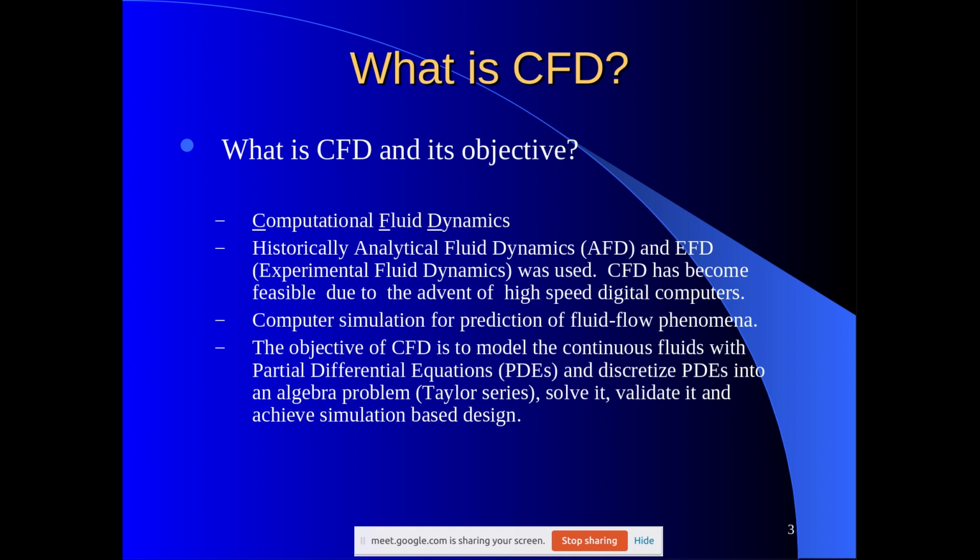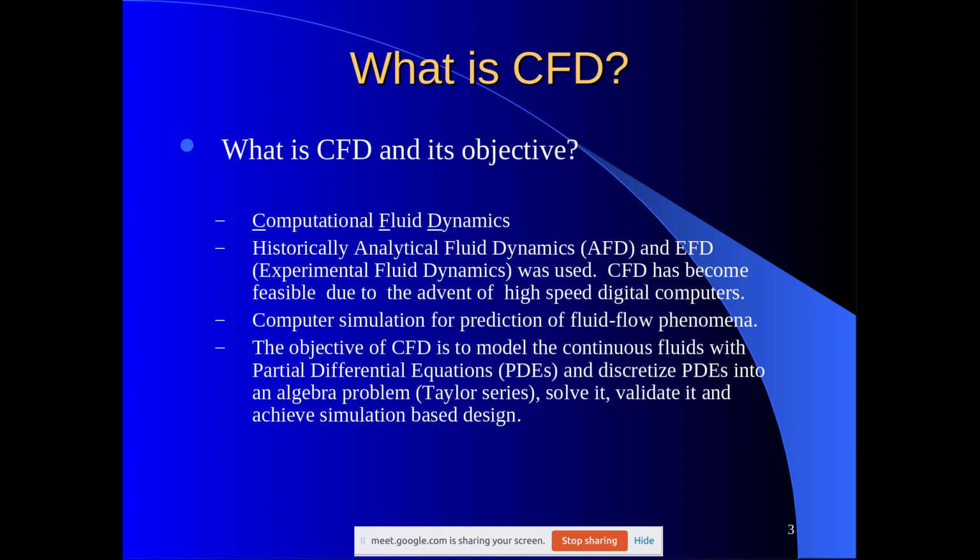Think about simulation of a car crash. To assess the safety of cars, people do crash simulation. And how many times can you crash an actual car? In an actual crash test, you crash an actual car.